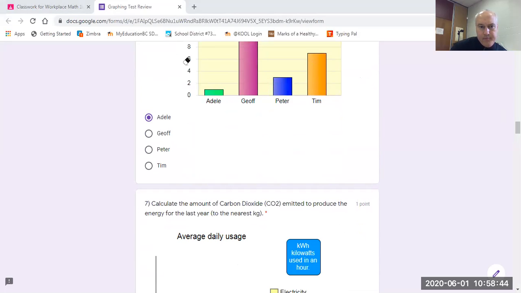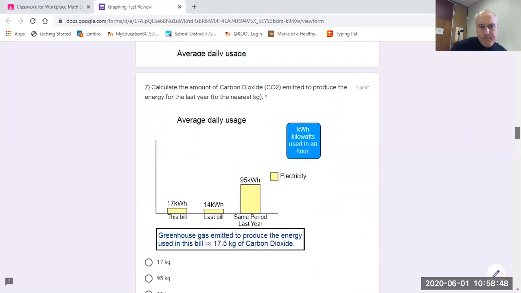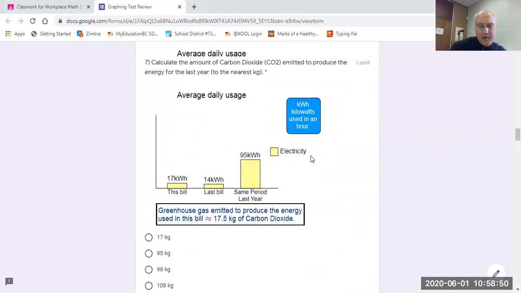So let's take a look at question 7. This one is a little more complex, this type of question. It says, calculate the amount of carbon dioxide, CO2, emitted to produce the energy for the last year to the nearest kilogram. Now, what we see here is that, first of all, it's talking about the last year. So we are talking about not this bill, but the same period last year.